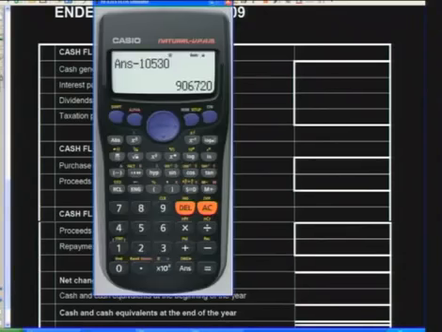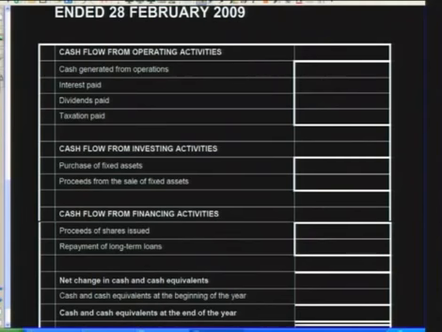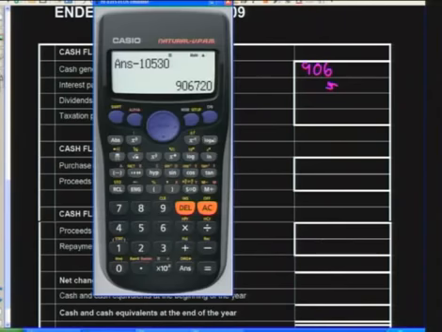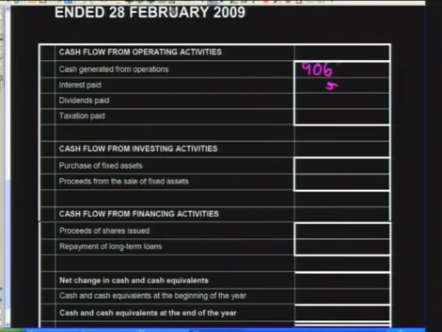Let's pick it up from our calculator: 906,720. Let me write that in, and check the calculator once again to make sure we got the correct amount: 906,720. Now that figure is calculated already.